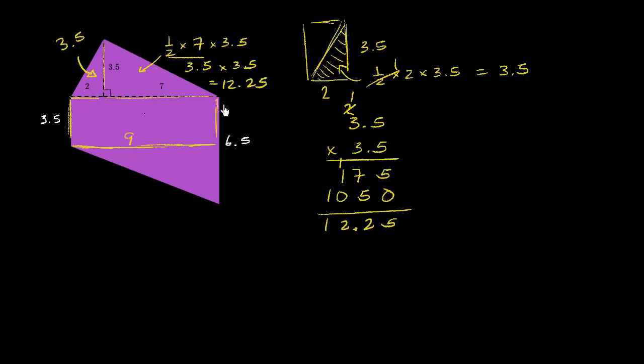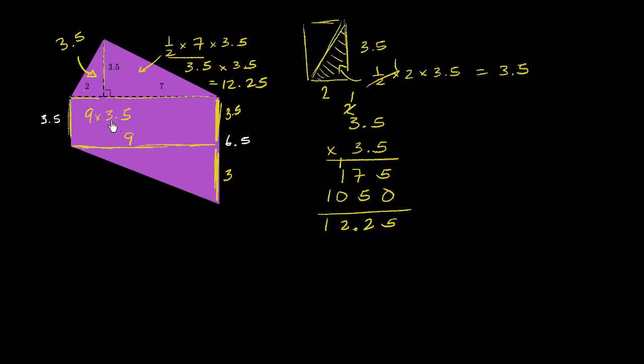We know that this distance is 3.5. So if this distance right over here is 3.5, then this distance down here has to add up with 3.5 to 6.5, so this must be 3. So now we can actually figure out the area. The area of this rectangle is just going to be its height times its length, or 9 times 3.5.